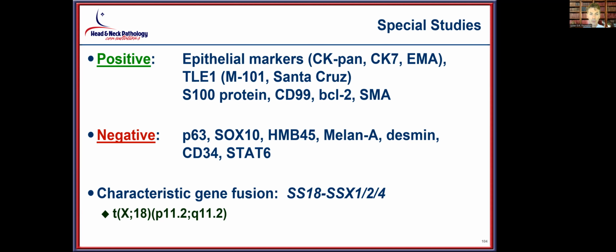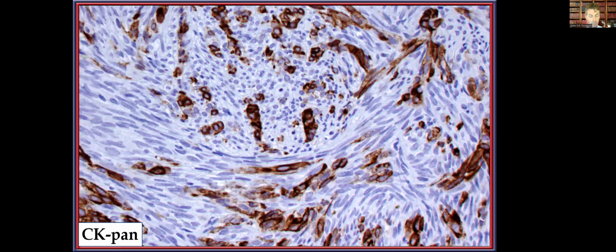Of course, they will also be reactive with TLE1, and then S100, CD99, smooth muscle actin, BCL2 can be variably expressed within a synovial sarcoma as well. As you know, there is a very characteristic gene fusion with SS18 fusing with SSX1, 2, or 4, as an example of what you can see in that tumor.